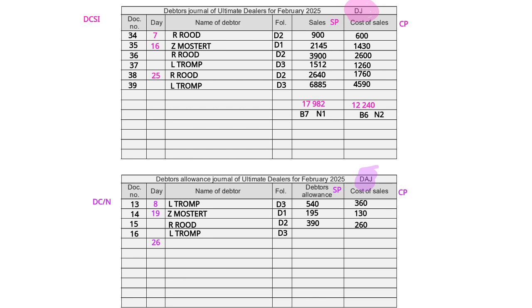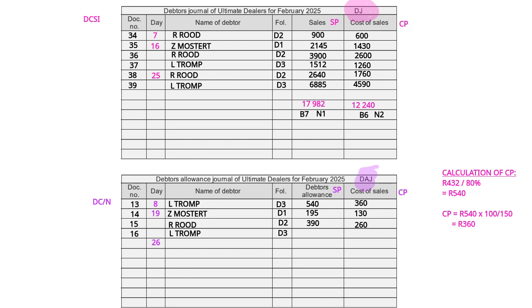But for Trump, we have a calculation to do. It says there, after 20% trade discount imposed. Now remember, the cost of sales must always be your selling price, the full selling price. So our calculation will be 432 divided by 80%, because we need to work backwards. Then we get 540 Rand.